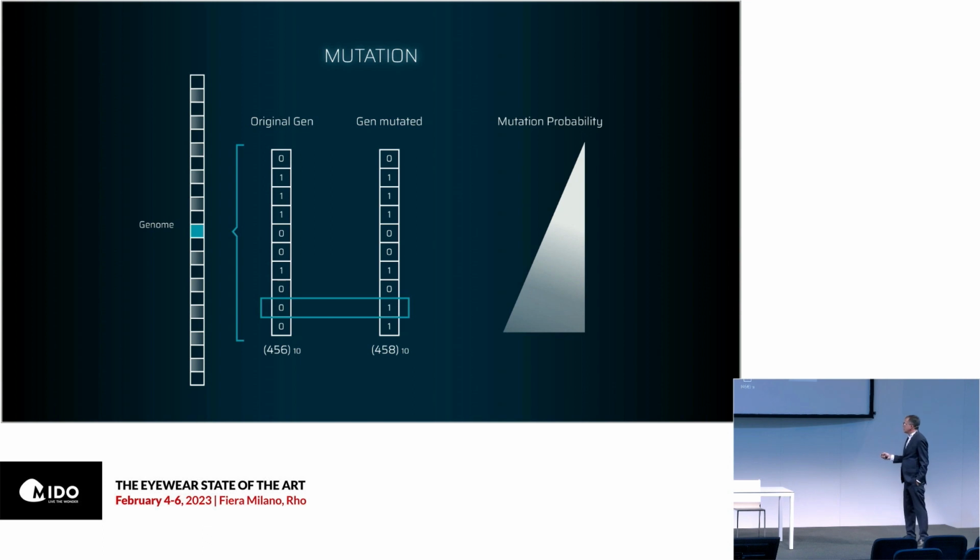It's not the same to switch this number as this number or this number, because each has a different consequence. So the probability of the mutation that we apply depends on the position of the number. If it's represented by this triangle, it's more probable that we have a mutation here than in the middle or at the top of the chain.